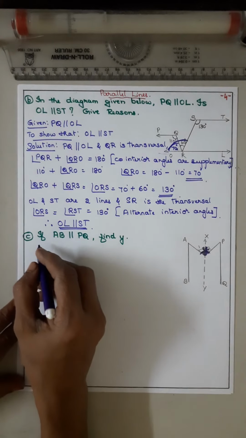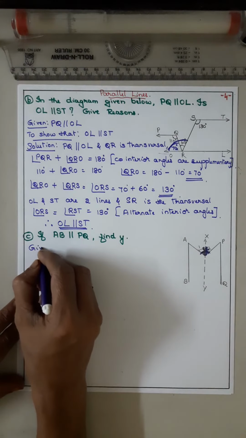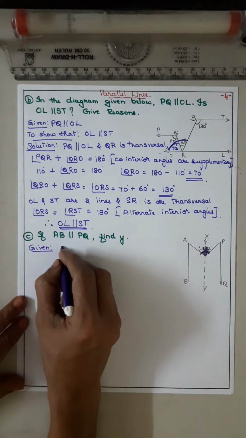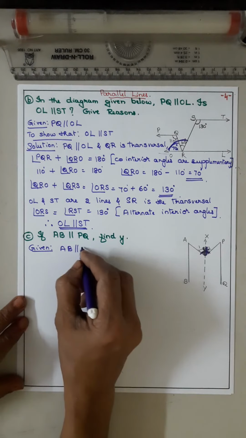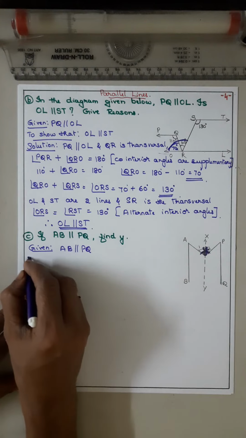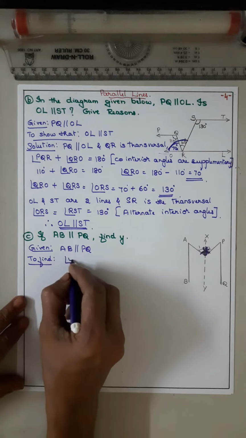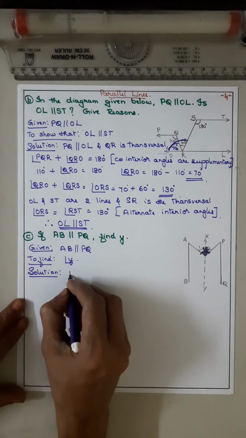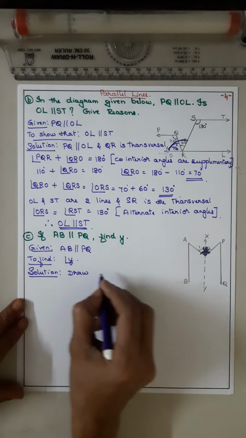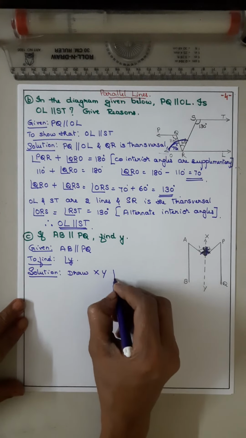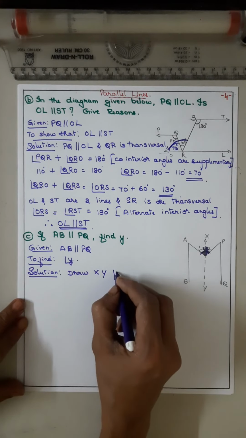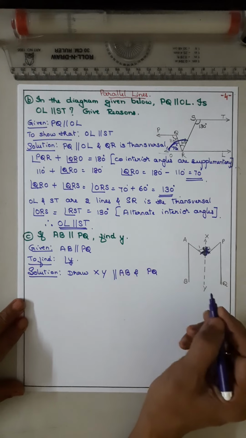Okay, it is given AB is parallel to PQ, to find angle Y. Solution. First, draw XY parallel to AB and PQ.